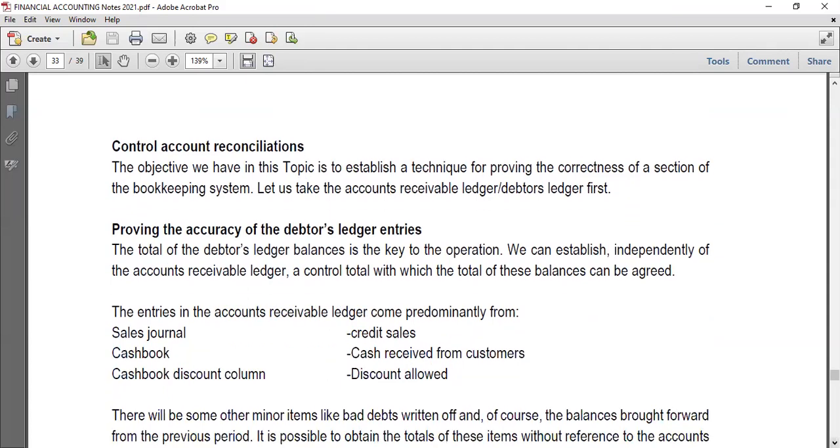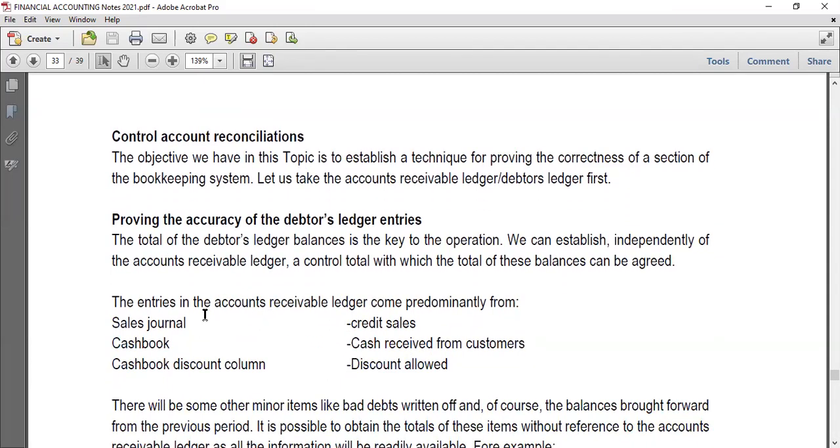That is pretty key. So just to also understand that the entries in the accounts receivable ledger are predominantly from the sales journal, which records the credit sales. This sales journal can also be called the sales order book or sales day book, okay? Then the cash book records cash received from customers, and the cash book discount column records discount allowed.